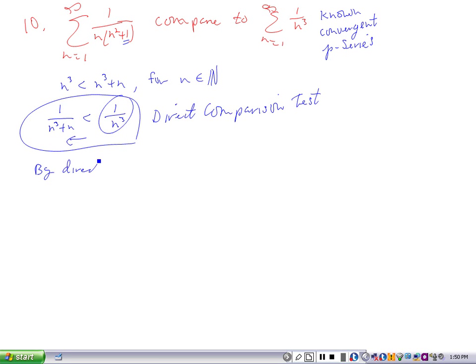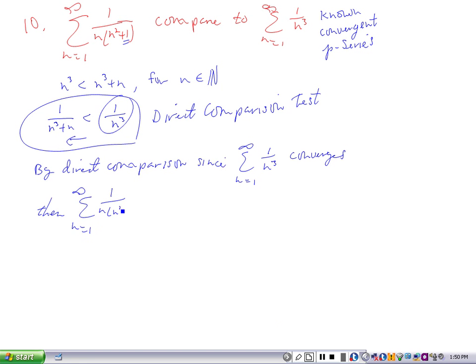So by direct comparison, since the summation of 1 over n cubed converges, then the summation of the problem that we're given, 1 over n times n squared plus 1, also converges.